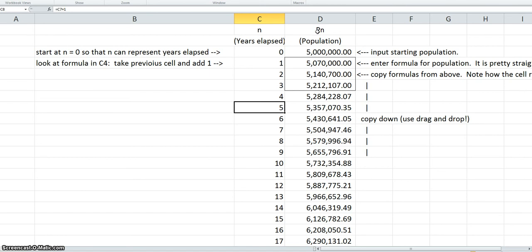So here, this is going to be our actual sequence, P of n, called population, and not surprisingly, we're going to populate that first cell with, I'm sorry, 5 million. Go ahead and type that in, and then I can just create that recursive formula. If I look at this first one here, you can see it looks exactly like the formula we wrote on the notes page.